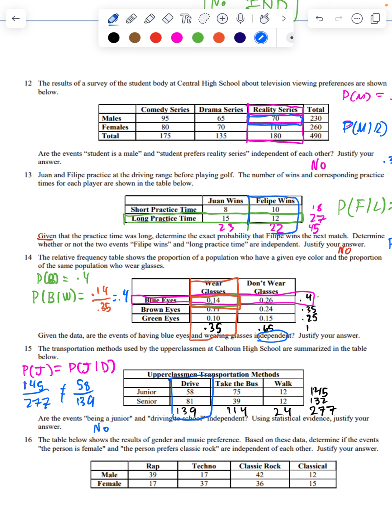All right. Let's add all of these things together. 39 plus 17 plus 42 plus 12. That's going to give me 110 on this side. Then 17 plus 37 plus 36 plus 15 is going to be 105.